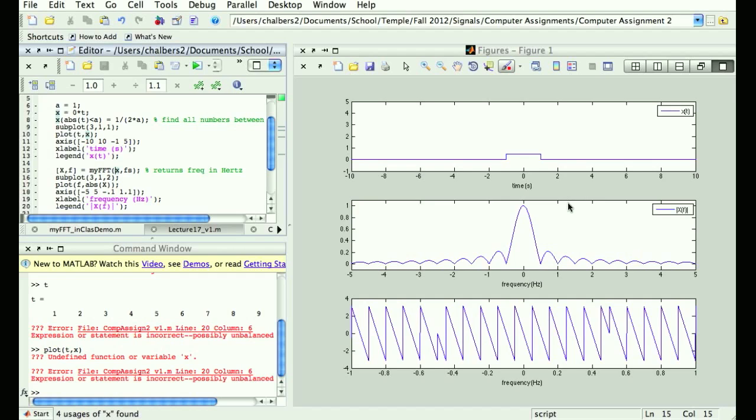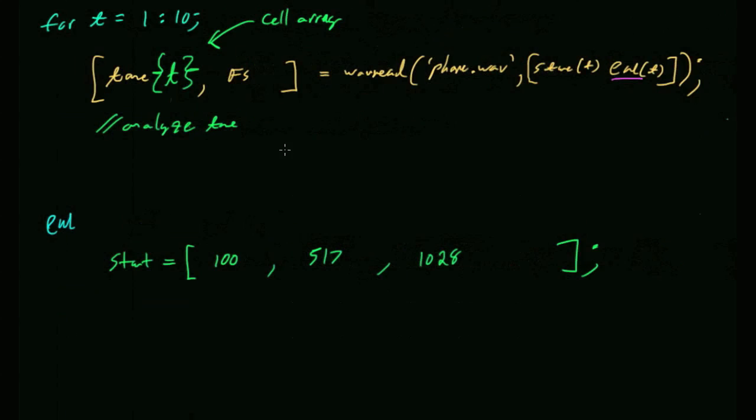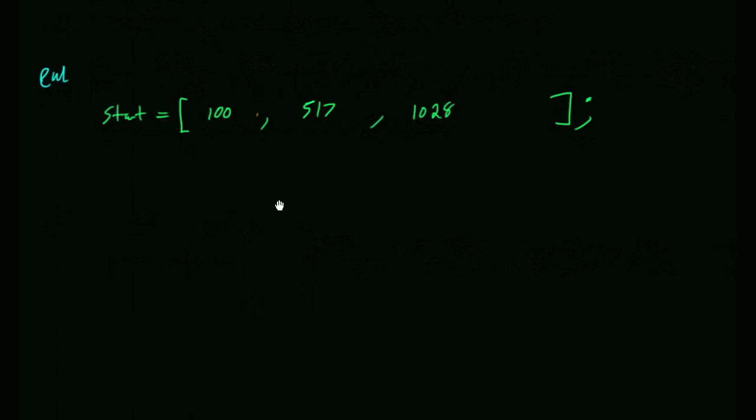So as far as MATLAB is concerned, I am taking a bunch of numbers, 0, 0, 0, 0, 1, 1, 1, 1, 0, 0, 0, 0, and saying, give me that FFT.